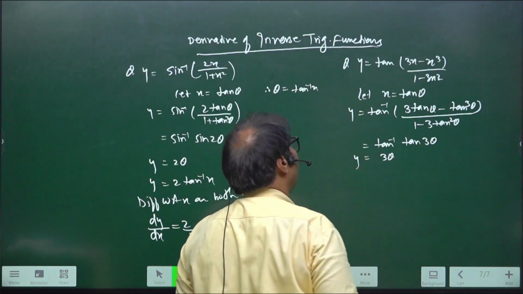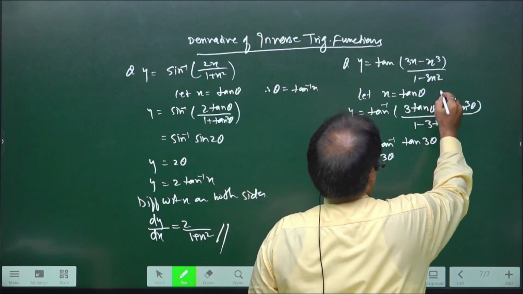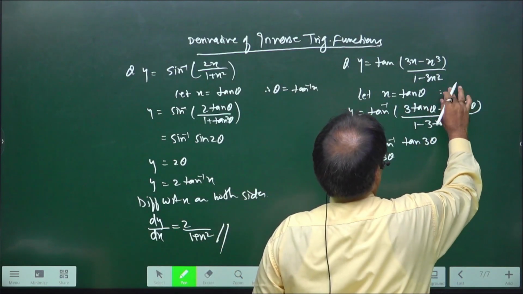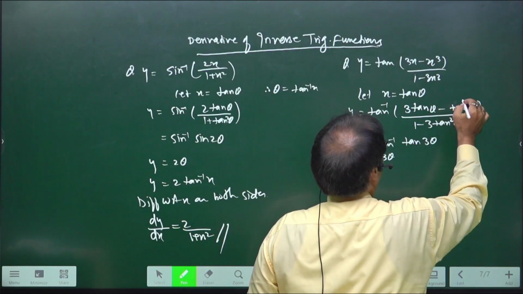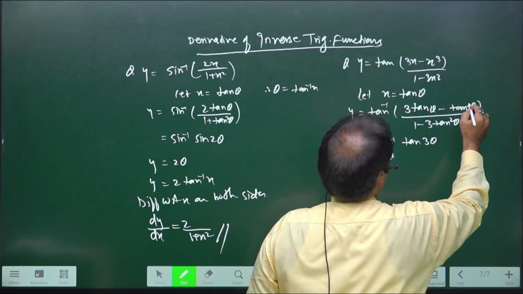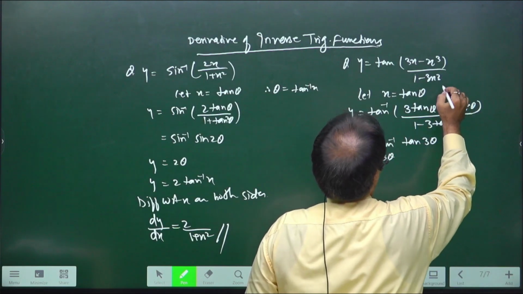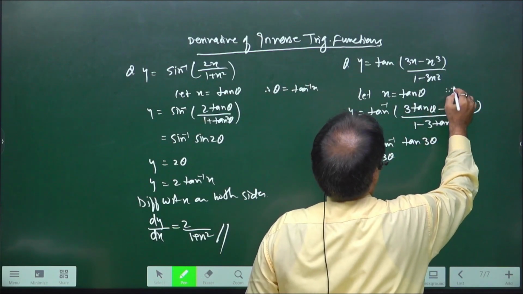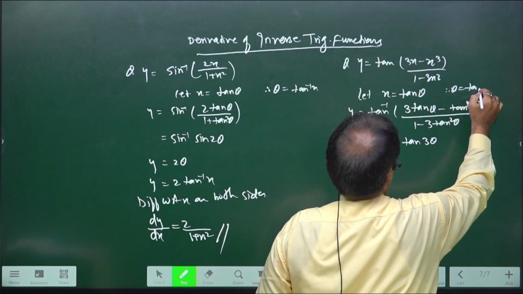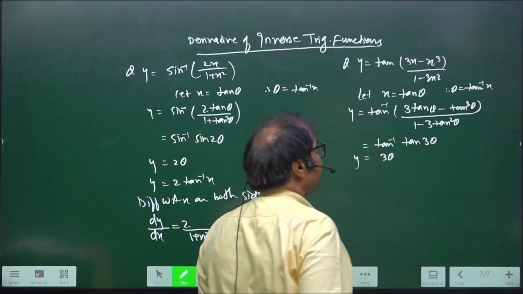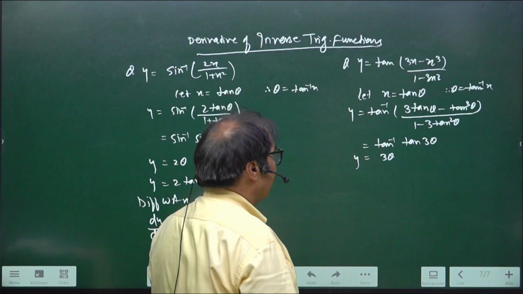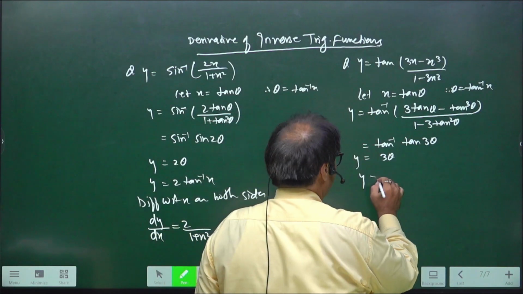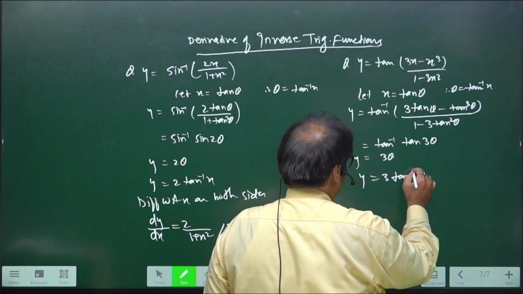This is the value of y, and therefore theta will be equal to, hence x is equal to tan theta, so theta will be equal to tan inverse x. Okay, theta is tan inverse x. So this y is equal to 3 tan inverse x.